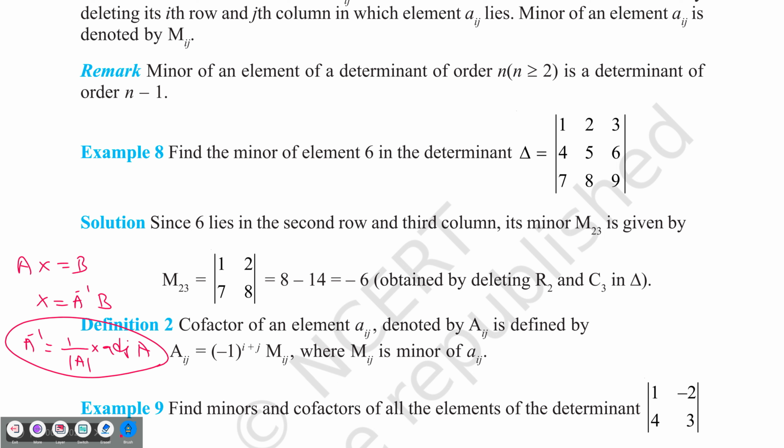Listen carefully. In the A inverse, we are learning how to take determinant. In the adjoint of A, we are learning two things: how to take minor, how to take cofactor, how to take transpose. Next, A inverse into B, how to multiply two matrices also we are learning.